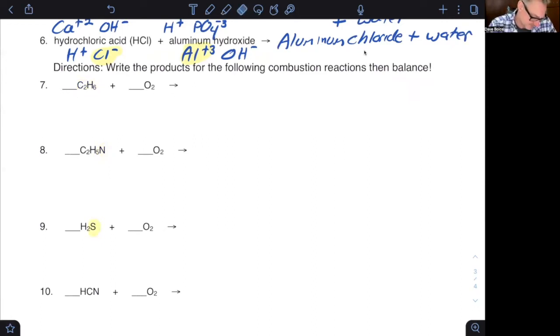And each one of those is going to tell you what is going to be in your products. If there's a carbon, which there is right here, then it's always going to form CO2 in a combustion reaction. Combustion meaning that it's reacting with O2, which is true for all of these.